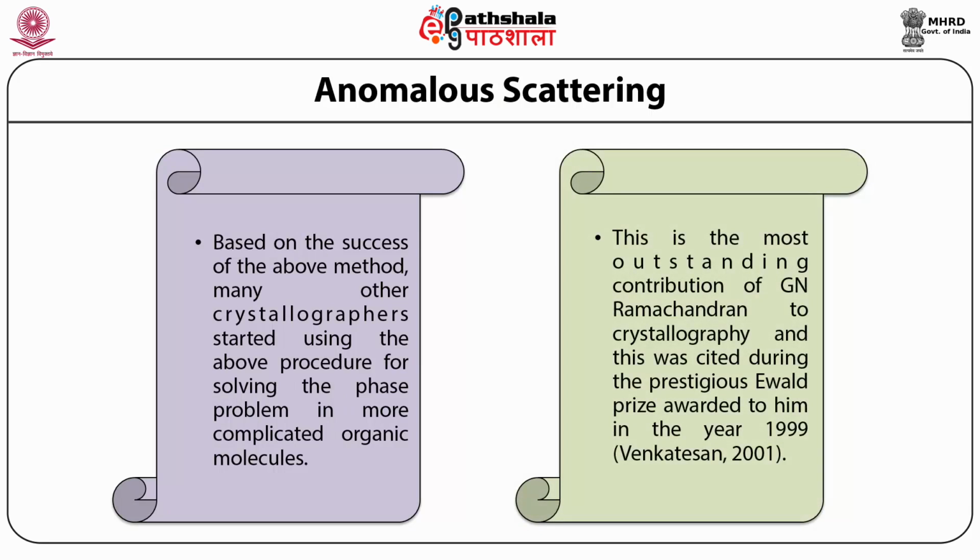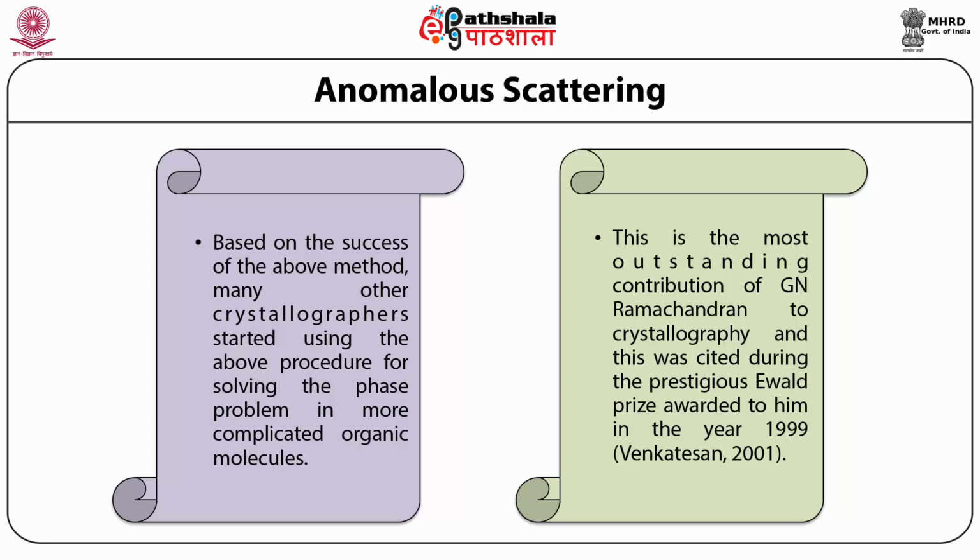This is the most outstanding contribution of Professor G. N. Ramachandran to crystallography when he was heading the department in Chennai. And this was cited during the prestigious Evolve Prize awarded to him in the year 1999, in an article written by Professor Venkatesan in 2001.